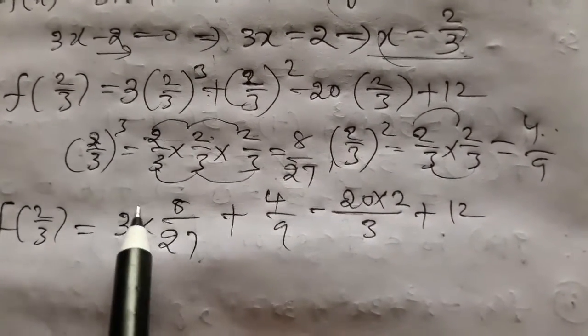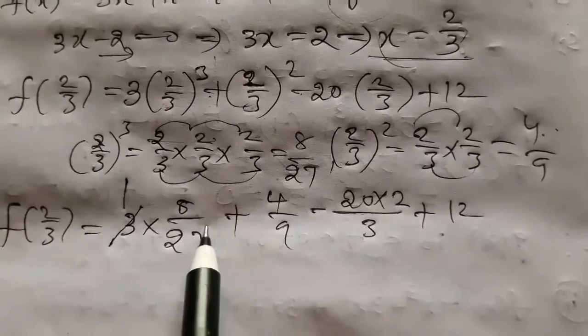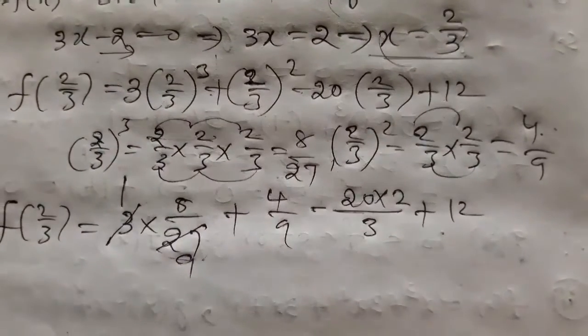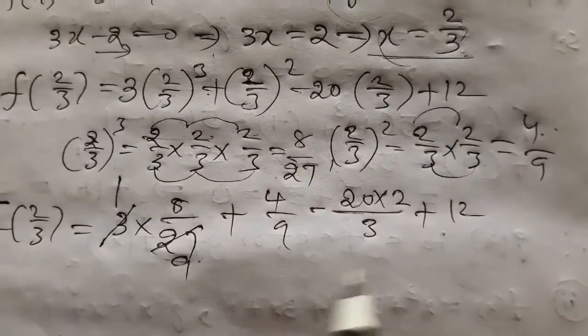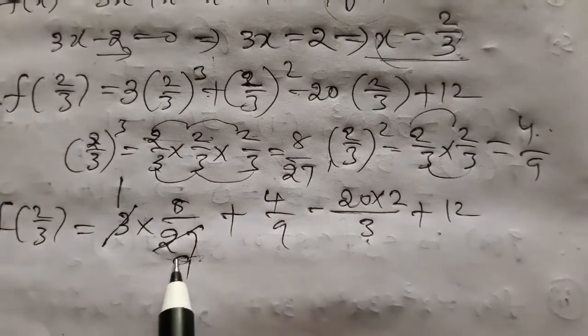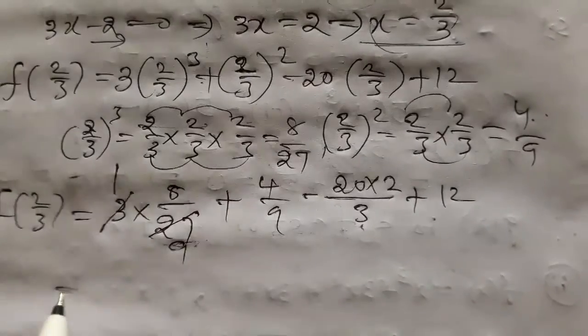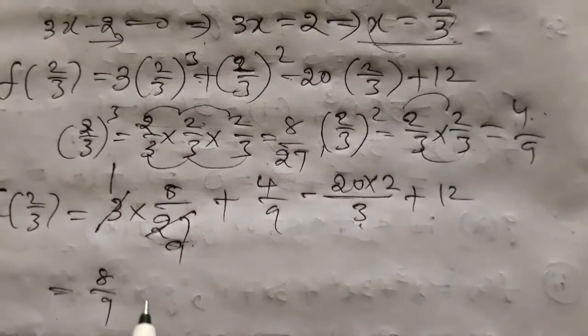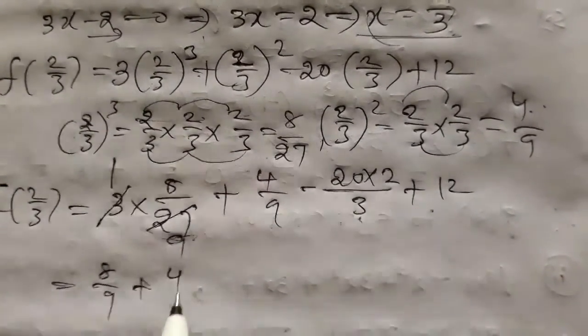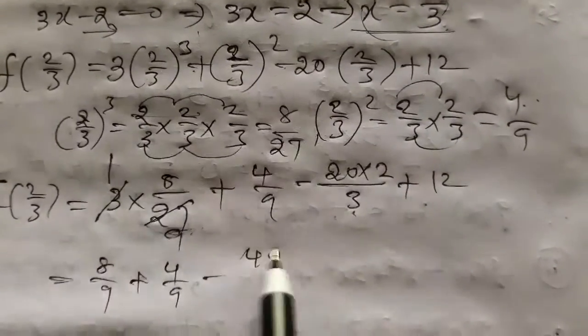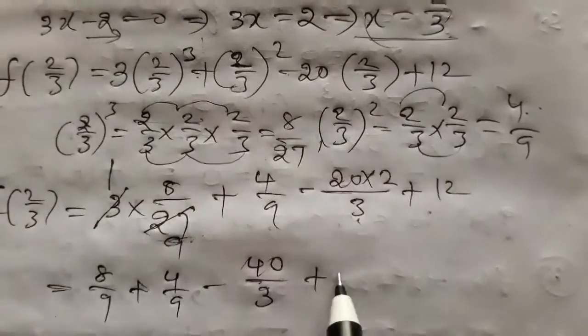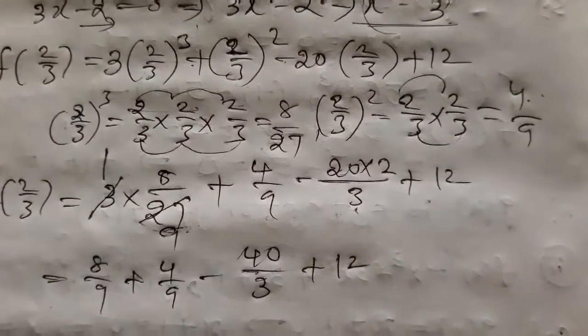See here, 3 ones are 3, 3 nines are 27. 3 is a factor of this 9. So 8 by 9 plus 4 by 9 minus 20 into 2 became 40 by 3 plus 12, isn't it?